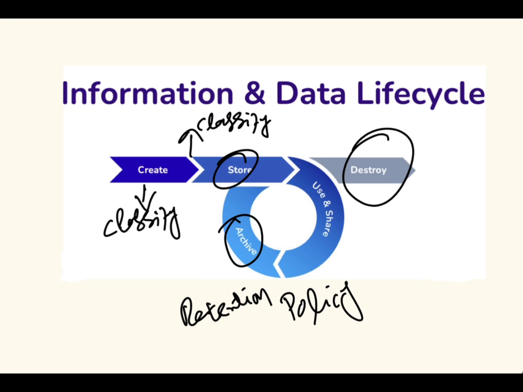Let me give you another real-world example. A patient's medical record is created and immediately classified as confidential, protected health information. The next stage is store: it is stored securely in a HIPAA compliant database.